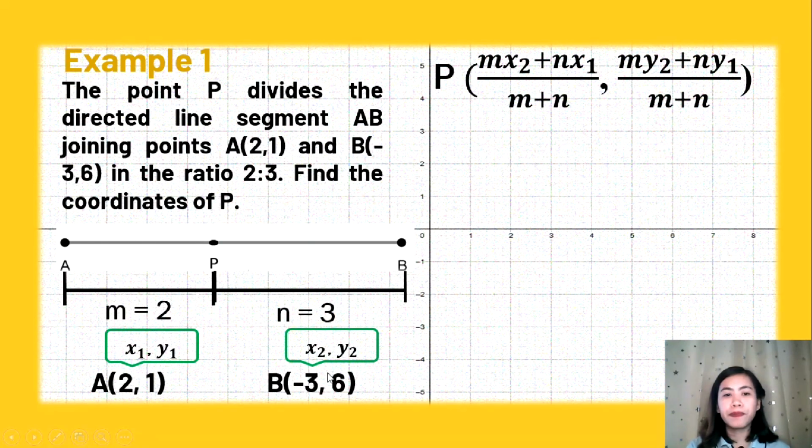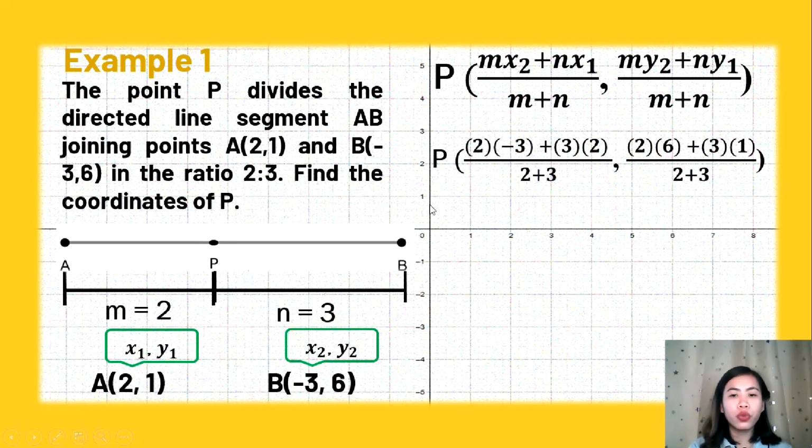Then, using the formula for internal division, substitution tayo. So, we have m is 2 times x sub 2 is negative 3 plus n is 3 times our x sub 1 is 2 all over 2 plus 3. For our y value, m is 2, y sub 2 is 6, plus n is 3, y sub 1 is 1 all over 2 plus 3.